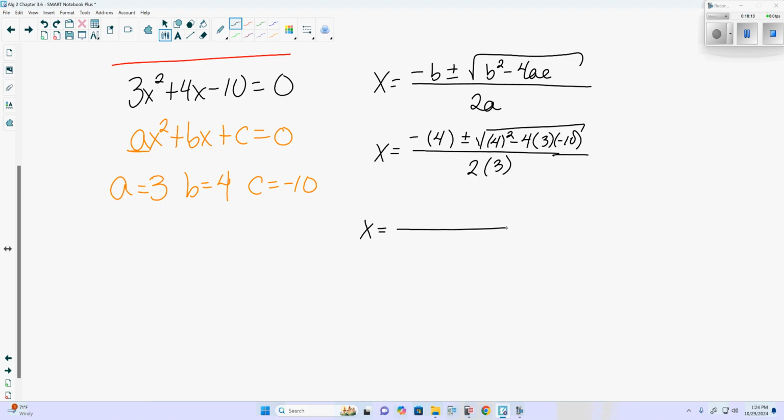So let's focus in. The first thing we can simplify is our negative 4, which is just negative 4. On bottom, 2 times 3 is 6. Now the next thing we can simplify is what's inside our square root, our 4 squared minus 4 times 3 times negative 10.